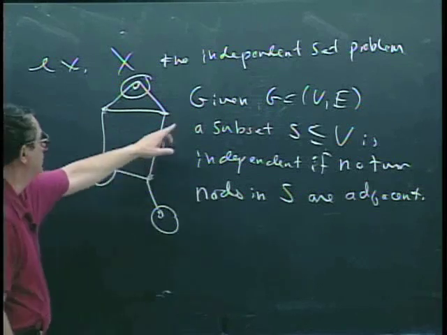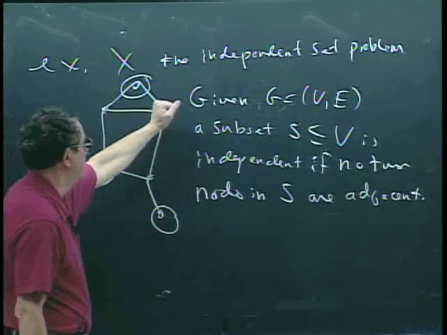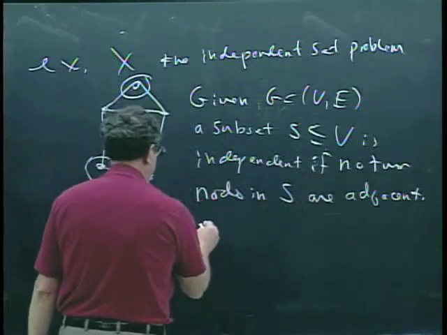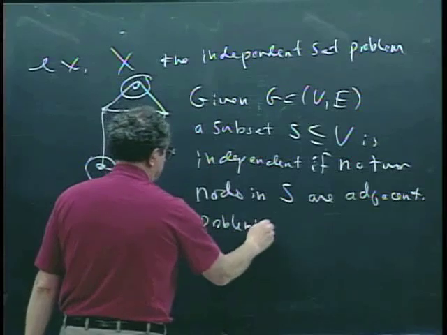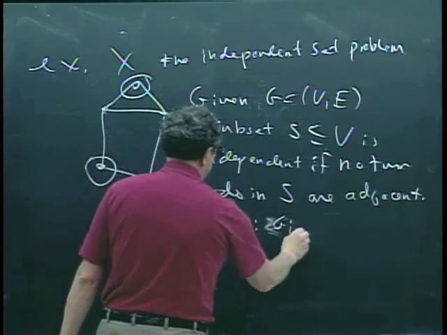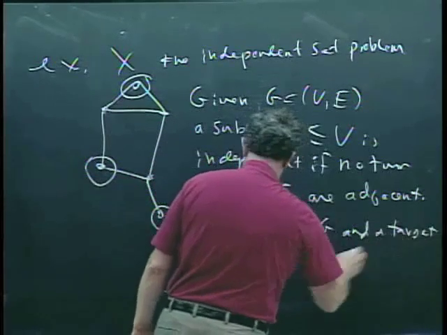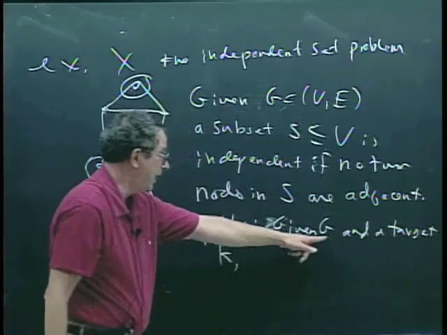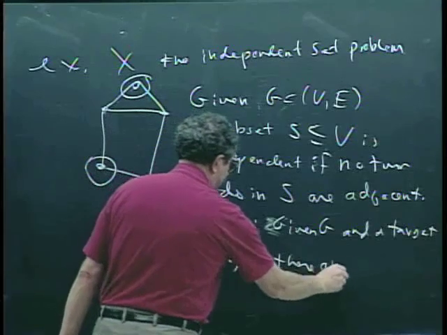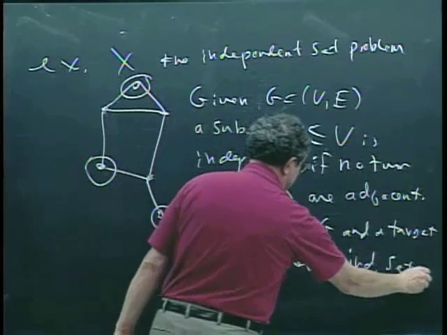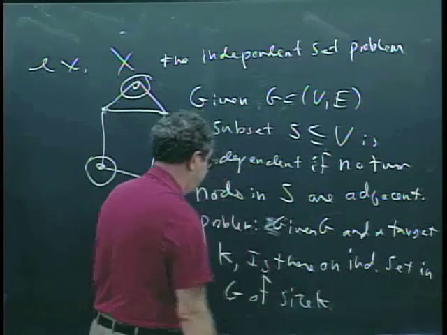So the version of independent set that's used is: given G and a target K, both of which come in as input, the graph and a particular target, is there an independent set of size K?